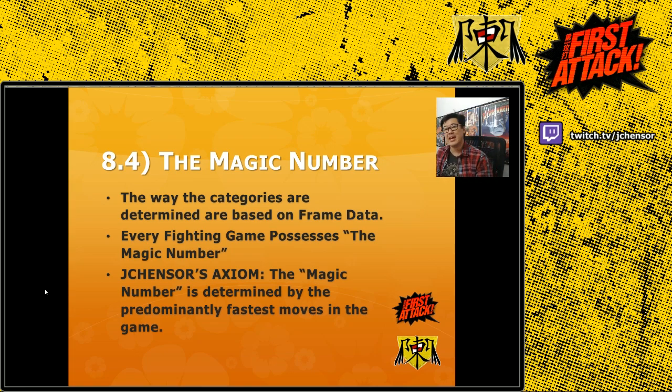And so here's the axiom for today. The magic number is always going to be determined by the predominantly fastest move in the game. In other words, if you look at all of your moves for the entire game, there's going to be one particular number that is prevalent as the fastest number for any move in the game.